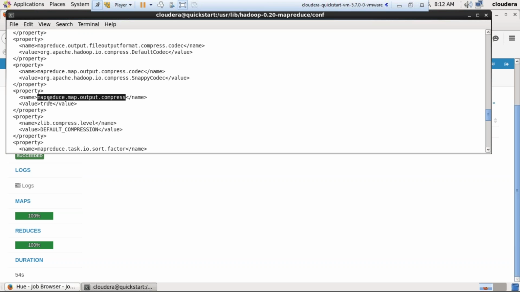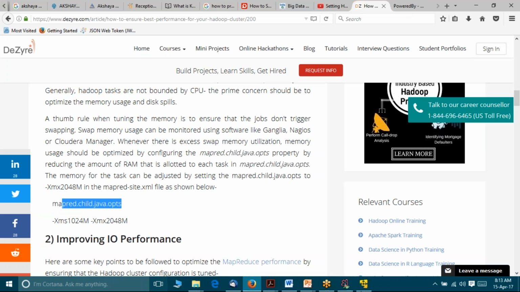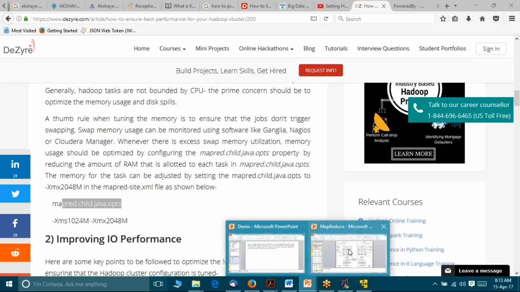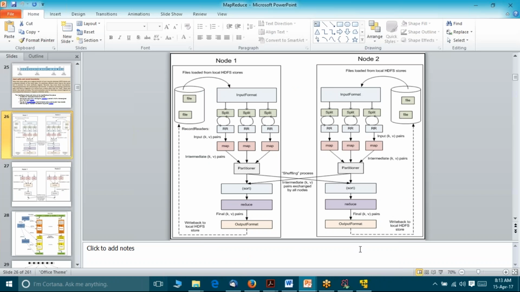So the output file size is compressed. Which output? Your map output, not the MapReduce output, because the reduce output is finally written to HDFS only.